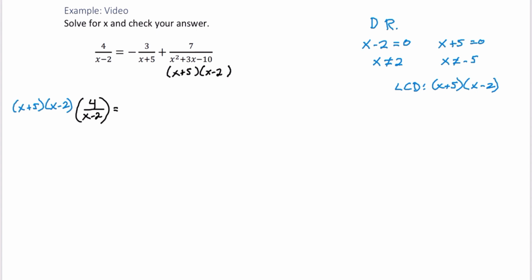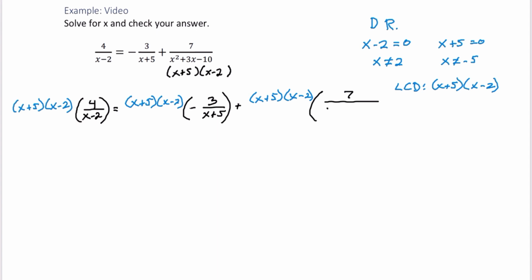And that's equal to x plus 5 times x minus 2 times negative 3 over x plus 5 plus, again, the LCD, x plus 5, x minus 2, times 7 over, I'm going to use the factored version, x plus 5 times x minus 2.